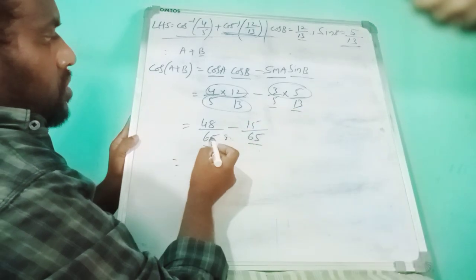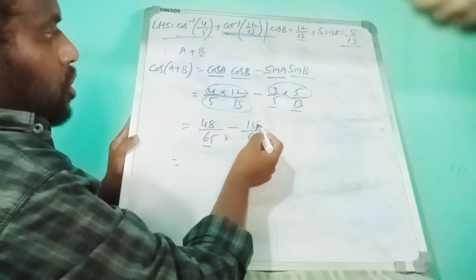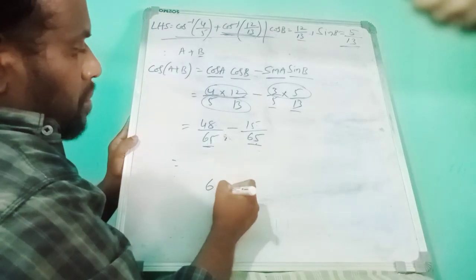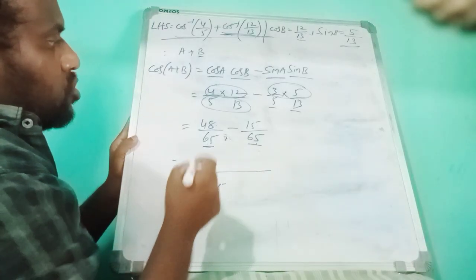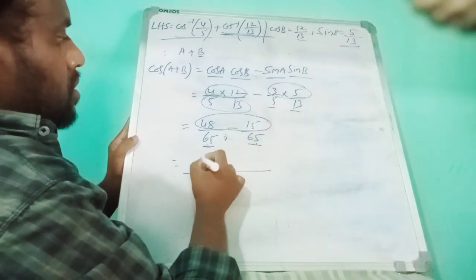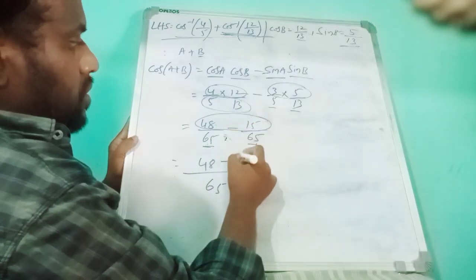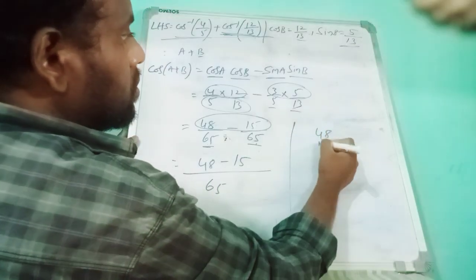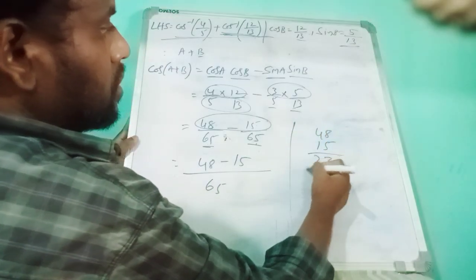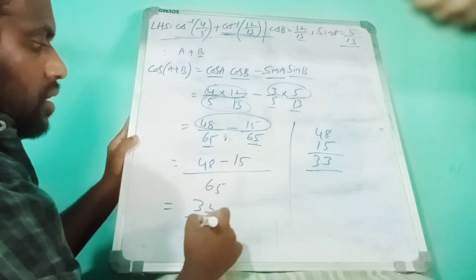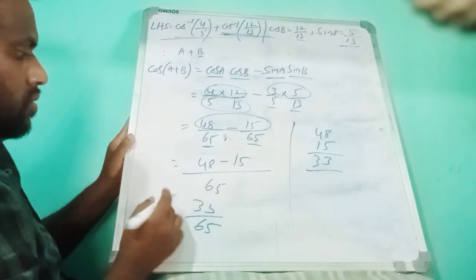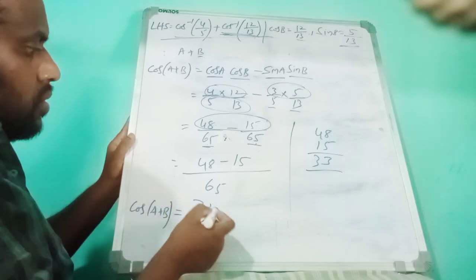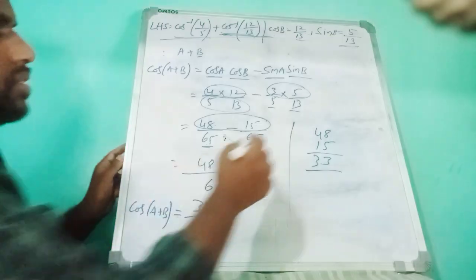So 65, 65. The denominator is the same, so when denominators are same, you write denominator 65 once. Next, whatever is there in the numerators, you write it here. So 48 minus 15. How much you got? 33. 33 by 65. So we got cos of A plus B is equal to 33 by 65.